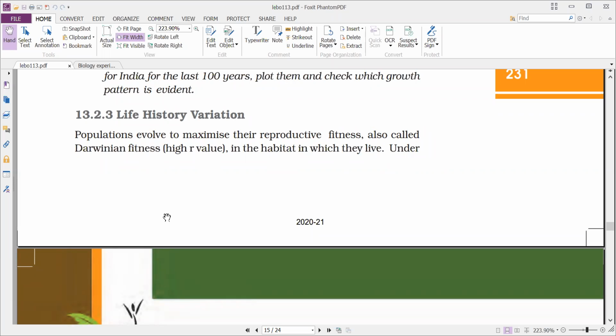Populations evolve to maximize their reproductive fitness, also called Darwinian fitness, with a high r value, that is intrinsic growth, in the habitat in which they live. That means whatever the environment in which that organism is living, they try to increase their number to the maximum.